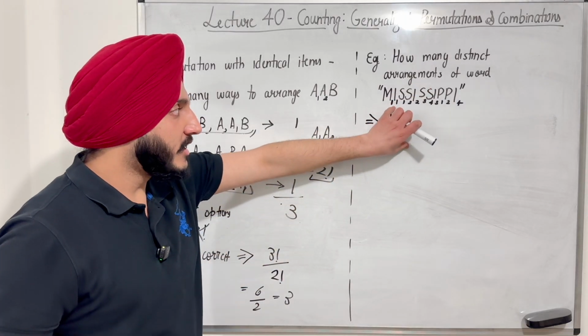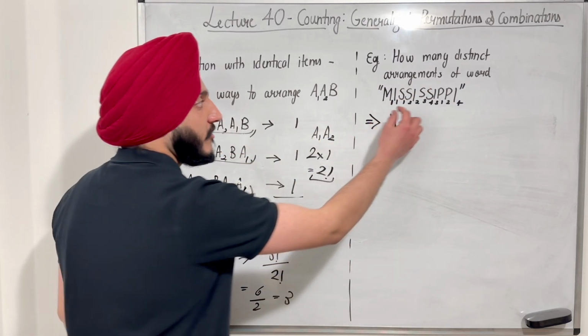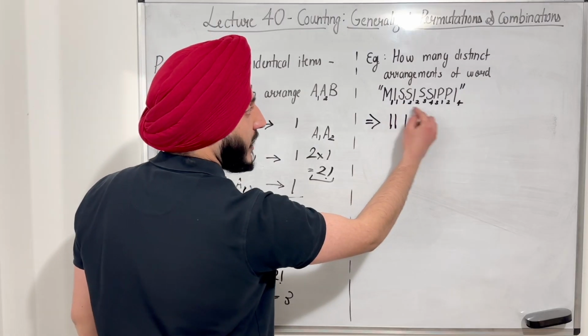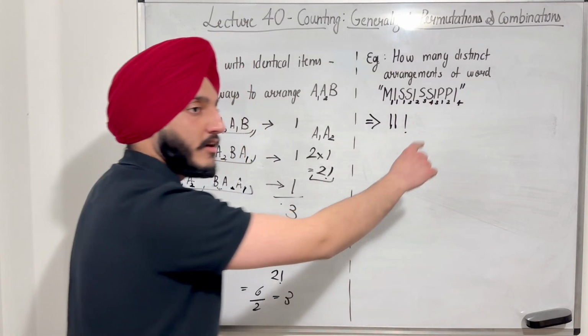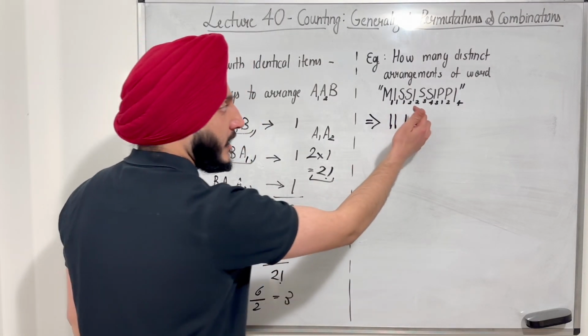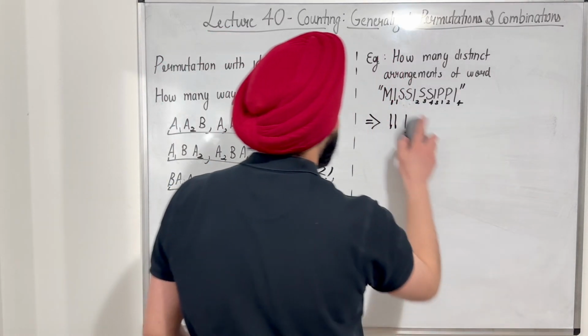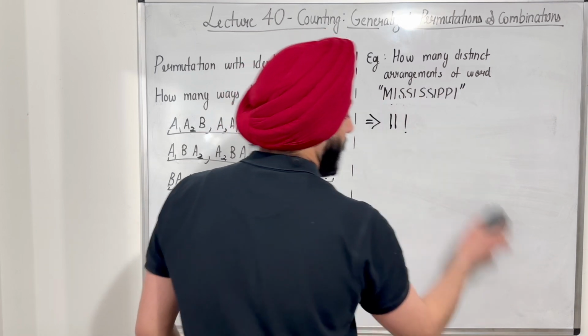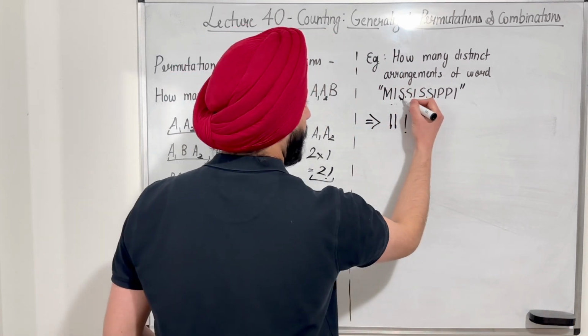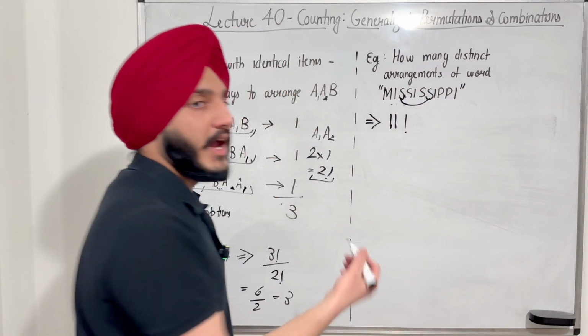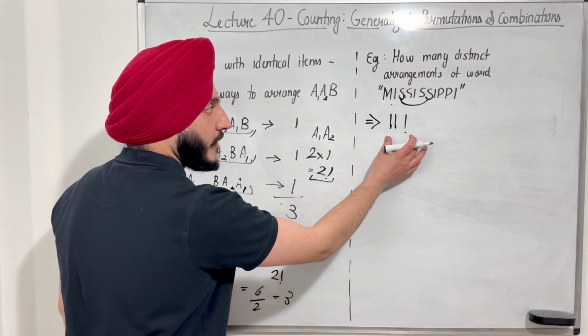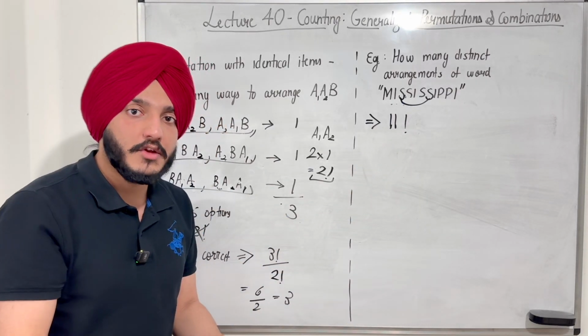Because in this 11 factorial, we are considering that even if you replace this S1 with S4, that's counted as a different arrangement. But in reality, if we didn't have numbers, replacing this S over here with this S wouldn't make a difference. But in this 11 factorial, that's being counted, and that's what we need to divide by.